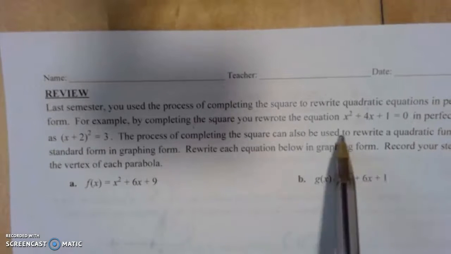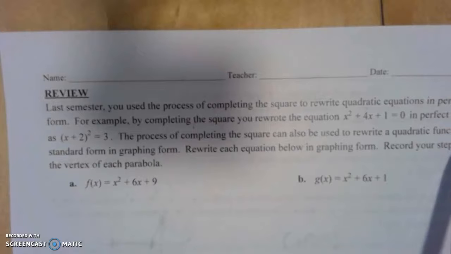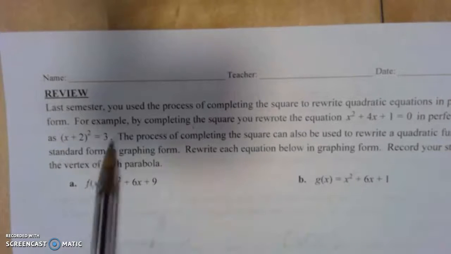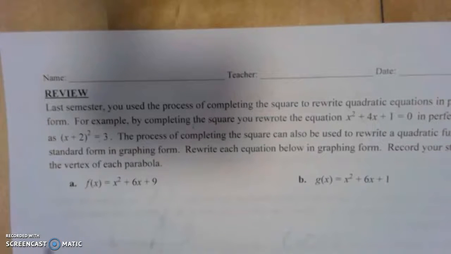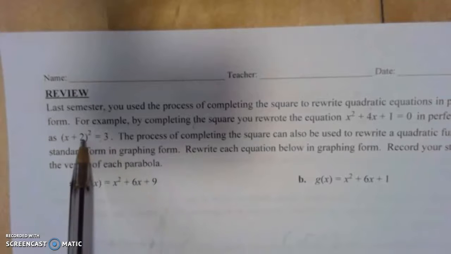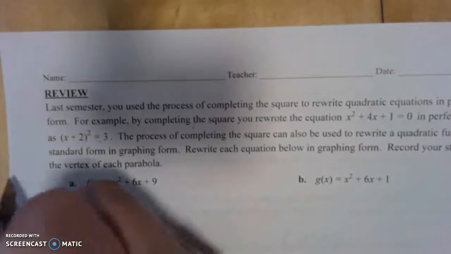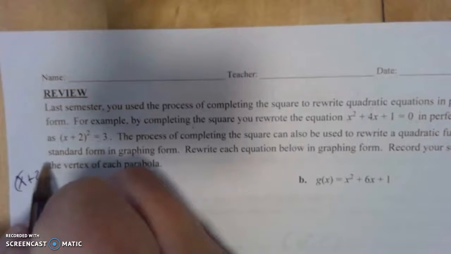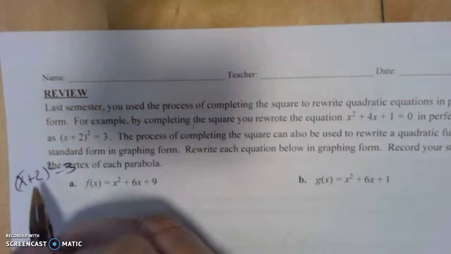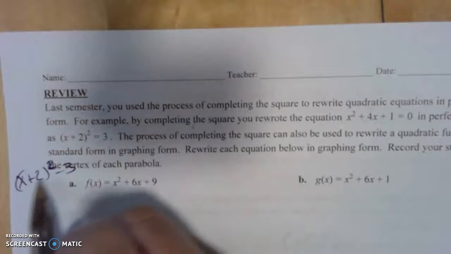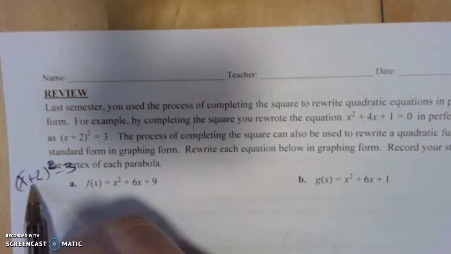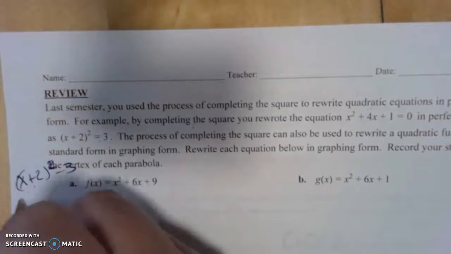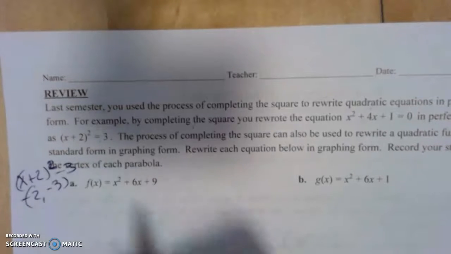This process of completing the square can be used to rewrite the quadratic function. Okay, so I can put it in graphing form by just moving this 3 over to this other side. So graphing form would be (x plus 2) squared minus 3. And from this, I know that the vertex is going to be the opposite of what's in here, -2, and then this -3. So -2, -3 would be the vertex.